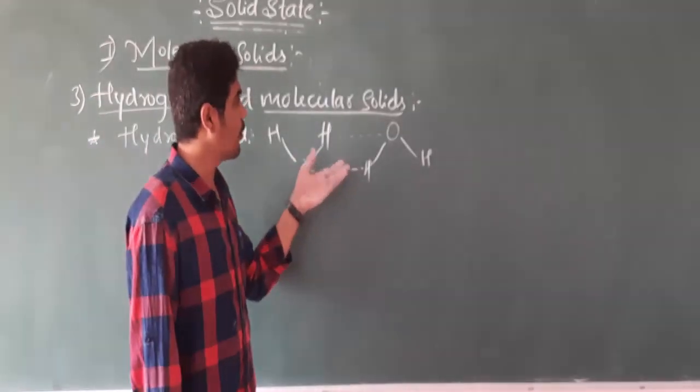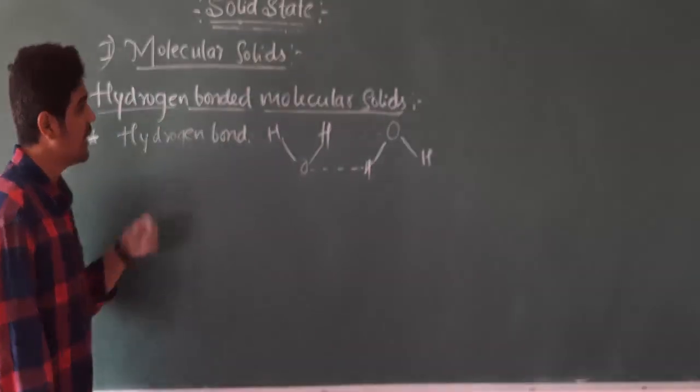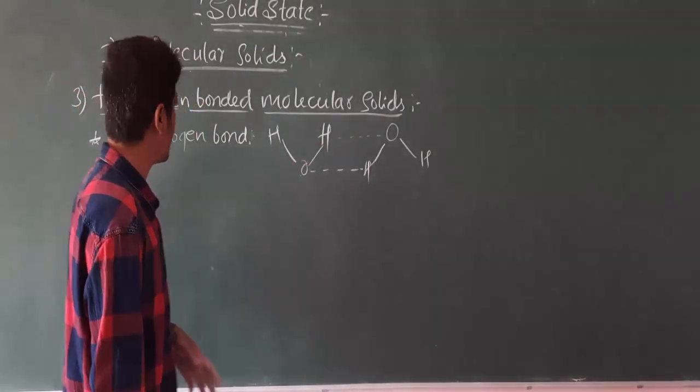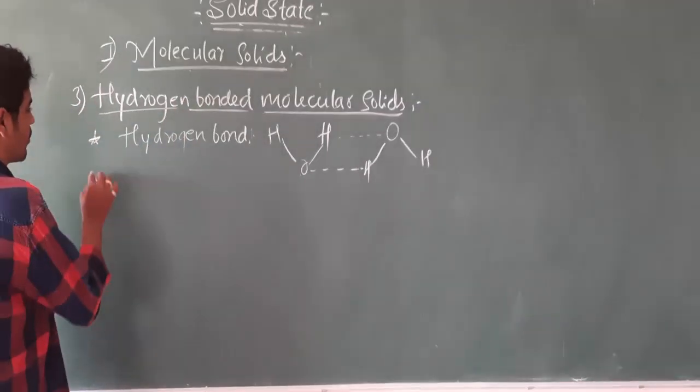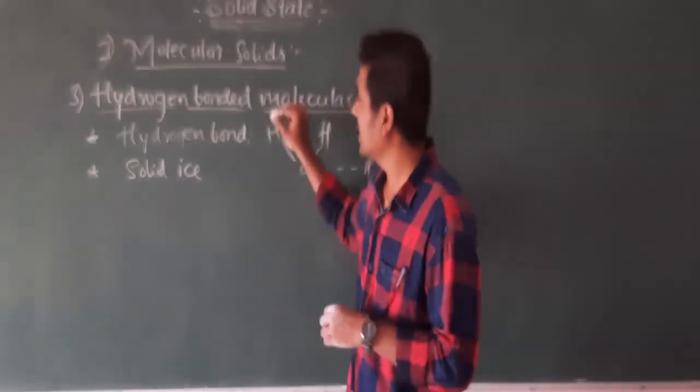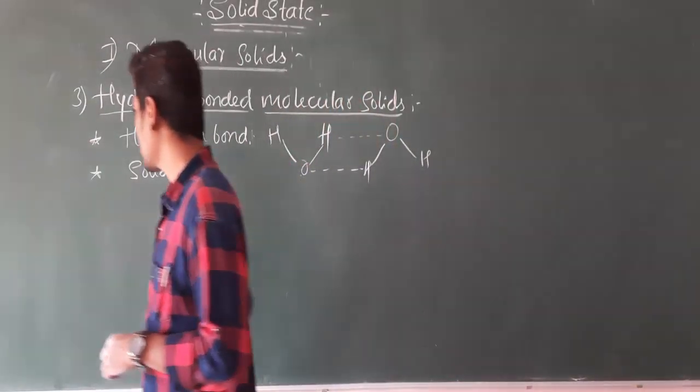Such kind of solids are said to be hydrogen bonded molecular solids. And the example of these hydrogen bonded molecular solids is solid ice. So solid water, that is ice, is an example of the hydrogen bonded molecular solids.